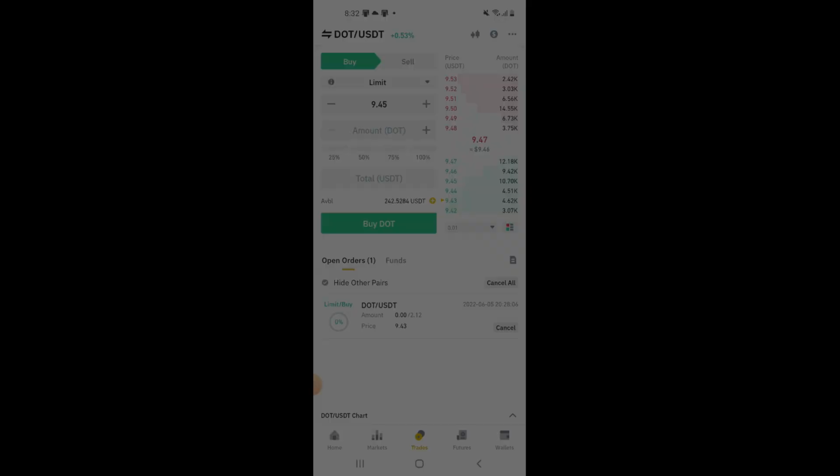Otherwise I need to cancel this order, but as a real trader I would never cancel my order. I would set it at a lower price and wait 2 hours, 3 hours till the market goes down again, so I'll be more profitable when I plan to sell my coin again. So I'll be back later when my order is fulfilled.